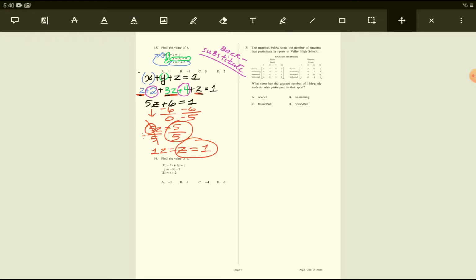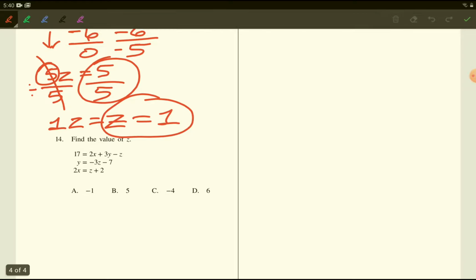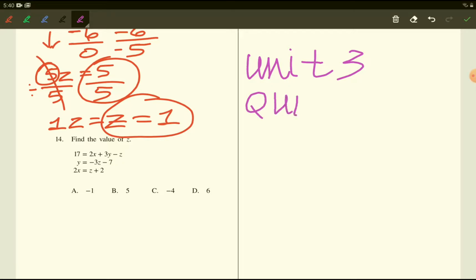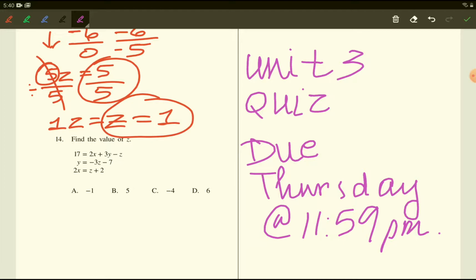So reminder, guys, what I just went over, the Unit 3 quiz, is due Thursday at 11:59 p.m. This Thursday, the end of the 9 weeks.